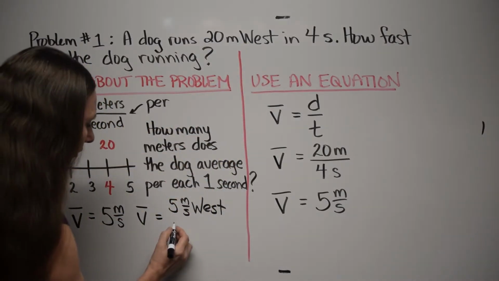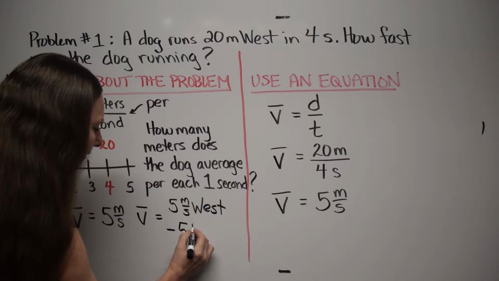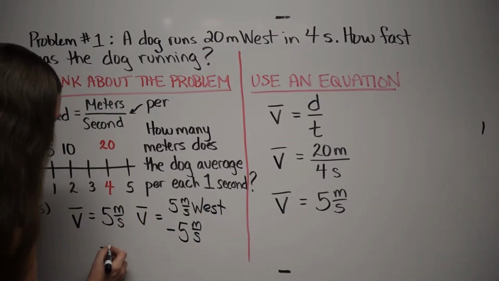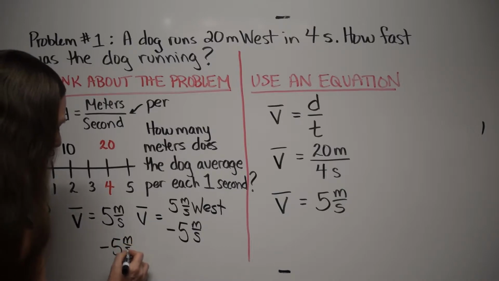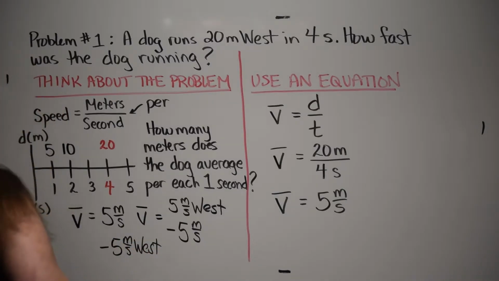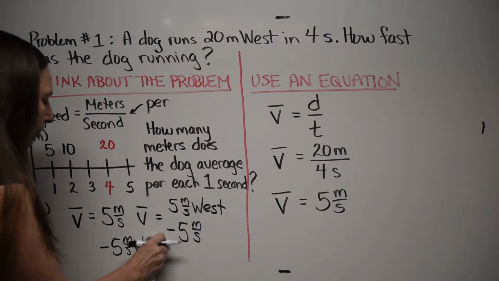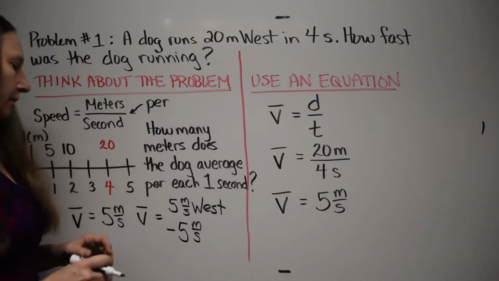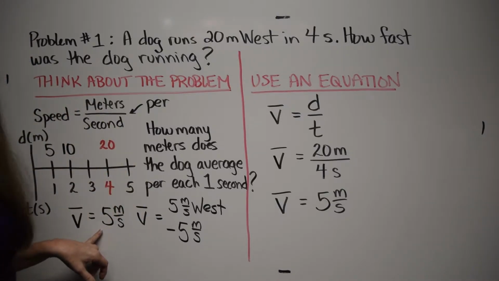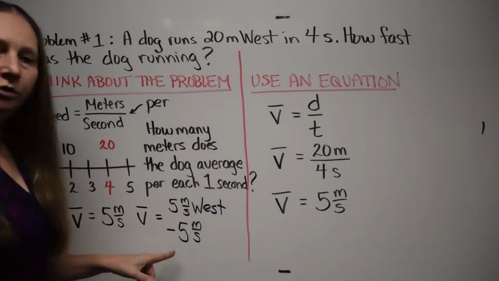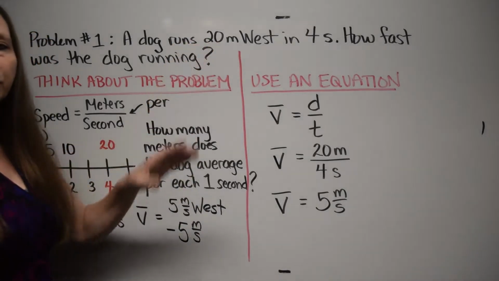Or you could say negative 5 meters per second. Remember, never say negative and west, because the negative and the west would cancel each other, and that would be wrong. So we calculated in our head the average speed. We know that the average velocity is the same magnitude, so we just stick in the direction and we're fine.